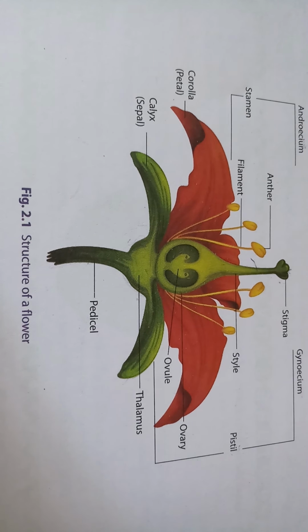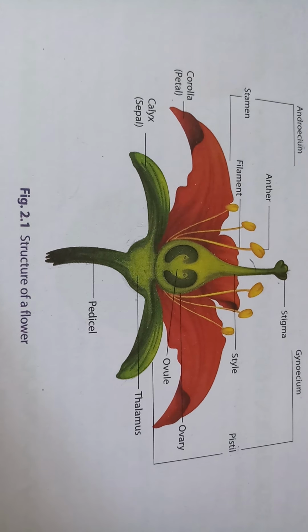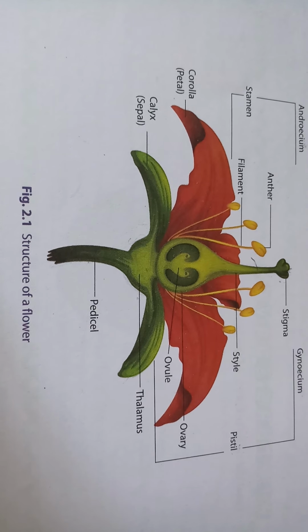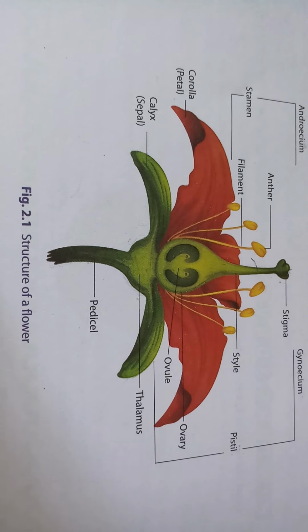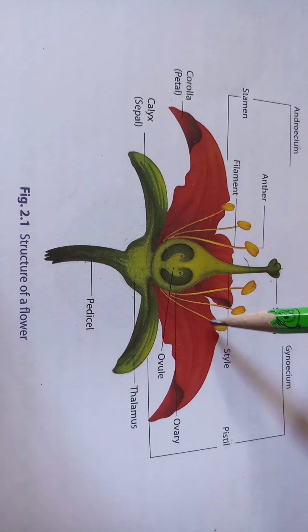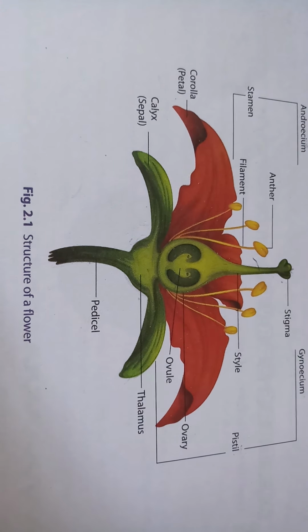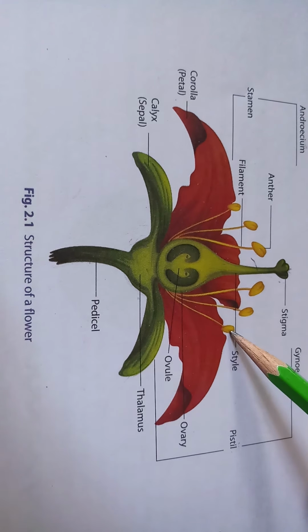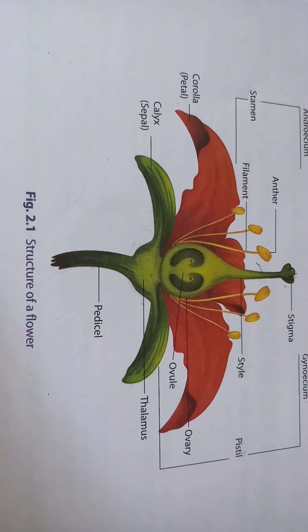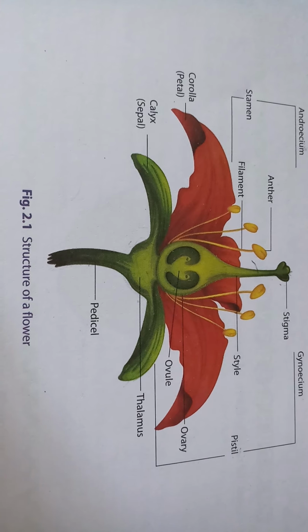Now we move to the third whorl of the flower, which is the male reproductive part. It consists of two parts, the filament and the anther. So when you look at the anther, inside the anther we have pollen grains.